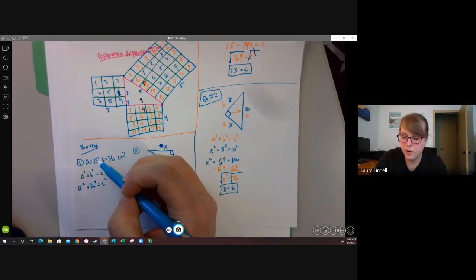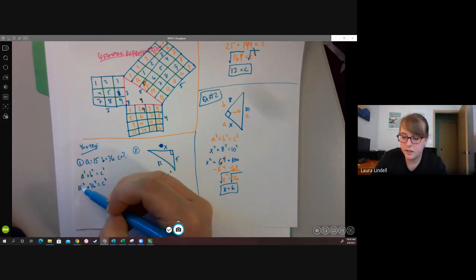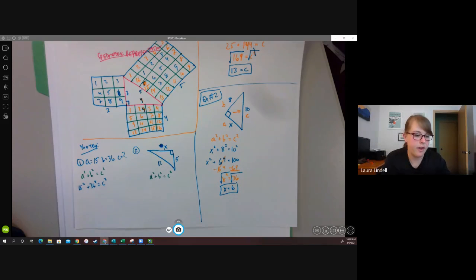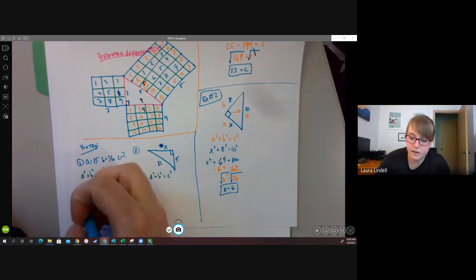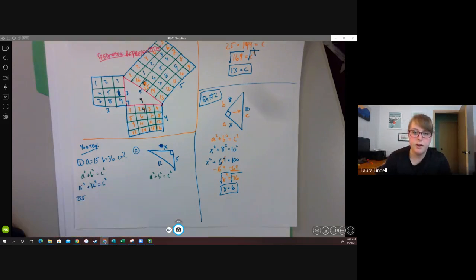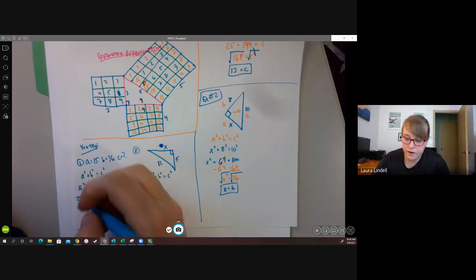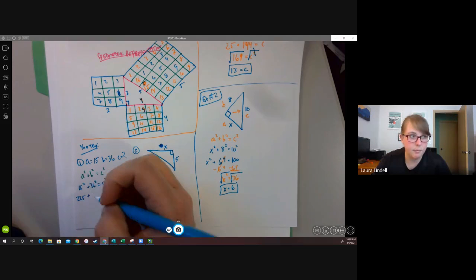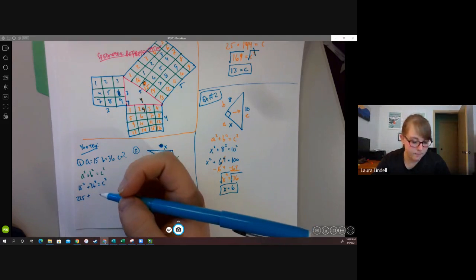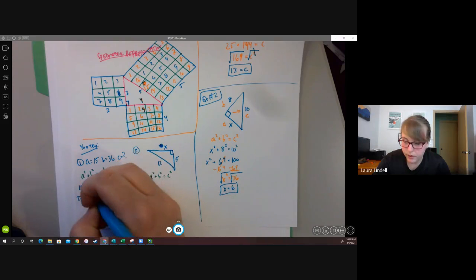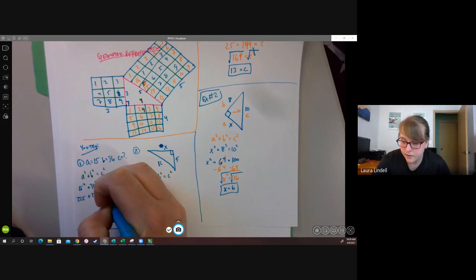So for this first one, we're plugging in 15 and 36 for A and B. And 15 squared and 36 squared are probably not things that you know off the top of your head. Maybe the 15, because that one's 225 and 15 is a multiple of 5. So those tend to be a little bit easier to square in your head or to memorize if you wanted to do so. But definitely not 36 squared. 36 squared is 1,296.